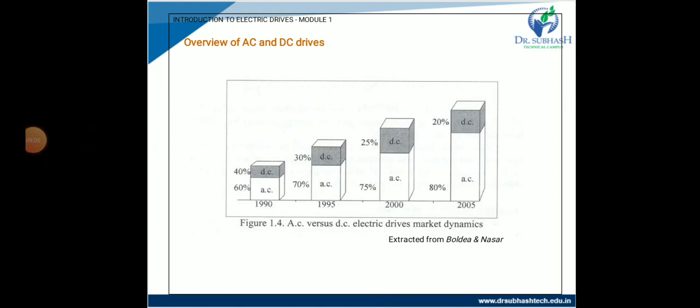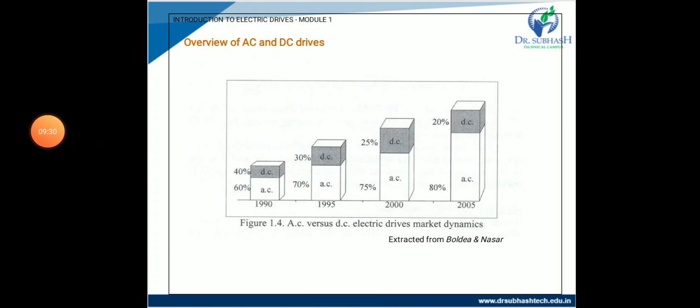AC versus DC electrical drives market dynamics. Before the 1990s, 60% of total drives were AC drives and 40% were DC drives. In 1995, after 5 years, 70% were AC drives and 30% DC drives. In 2000, 75% were AC drives and 25% DC drives.